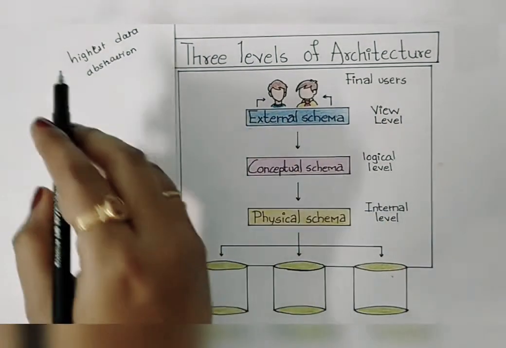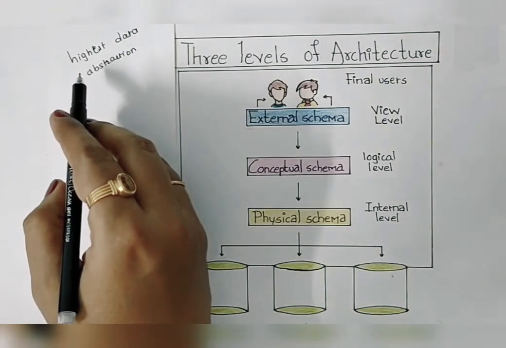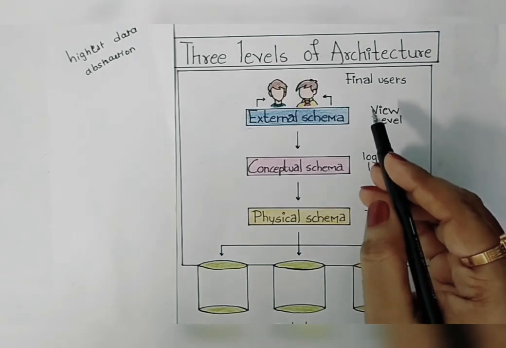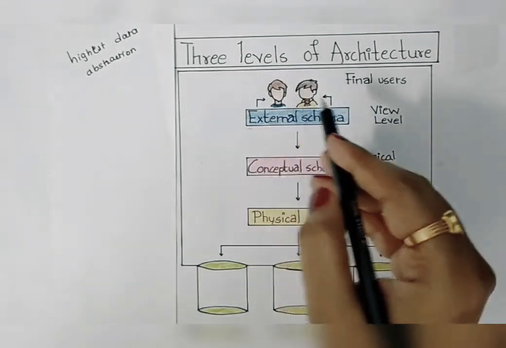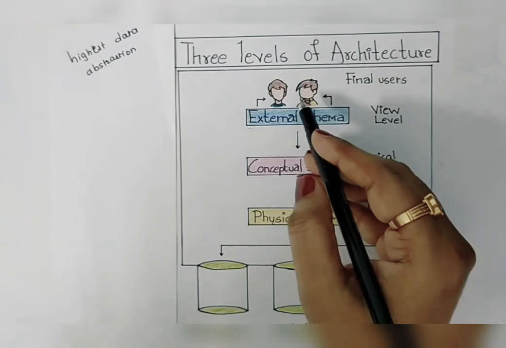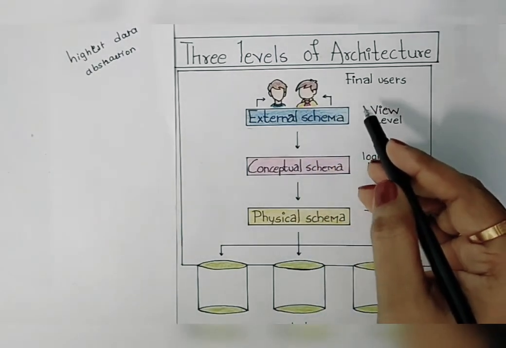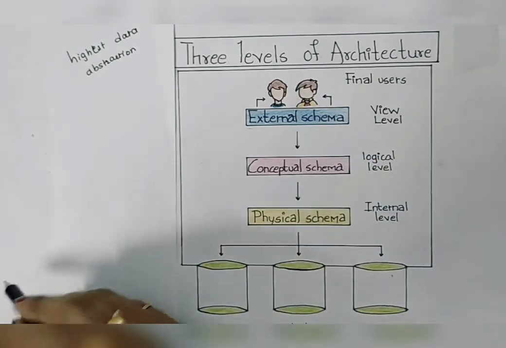Data abstraction is highest at this level. So this level decides how data is represented to multiple users, or which user can view which data can be decided at this level.